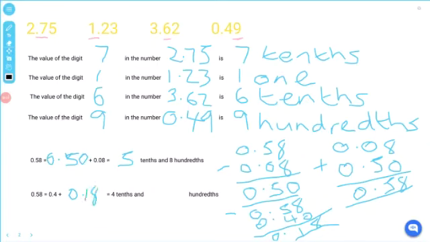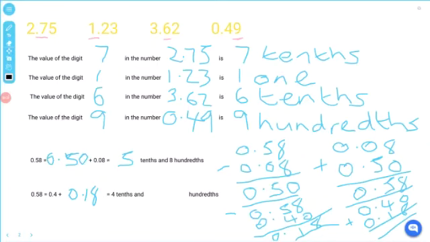Okay, but just to double check, what can we do? That's right, we can add 0.40 add 0.18, and we can see if we make 0.58.